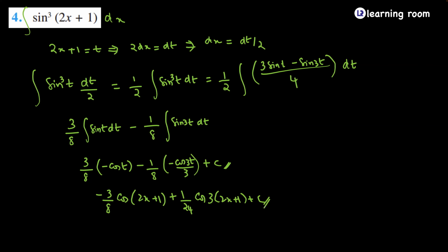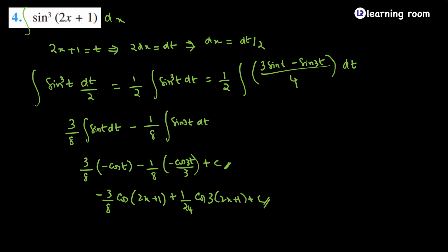And the 3 cos 2x plus 1, 1 by 24 is combined with 1 by 8. So minus 3 by 8 plus 1 by 8 is minus 2 by 8. Minus 1 by 4 cos 2x plus 1 minus 1 by 2. Correct. So minus 4 by 8, minus 4 by 8 is minus 1. See, this is correct, okay?